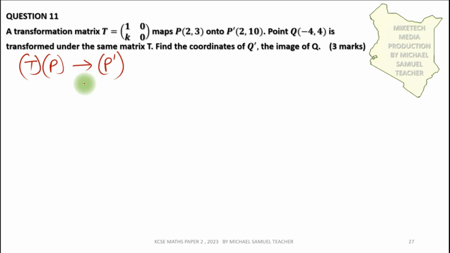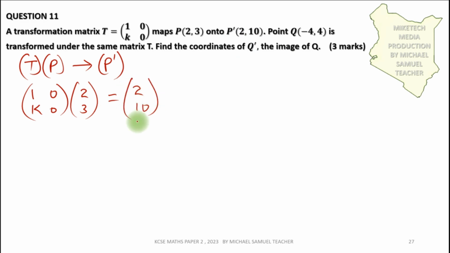Therefore, in the order in which it should be written: the matrix of transformation times the object matrix will give us the image matrix. Therefore, we have the matrix of transformation 1 0 K 0 times the object matrix, which is 2 3 in column vector form, equal to P prime, which is 2 10.